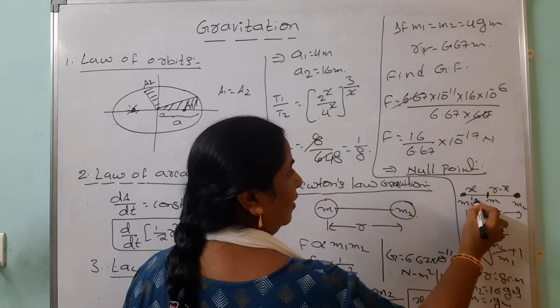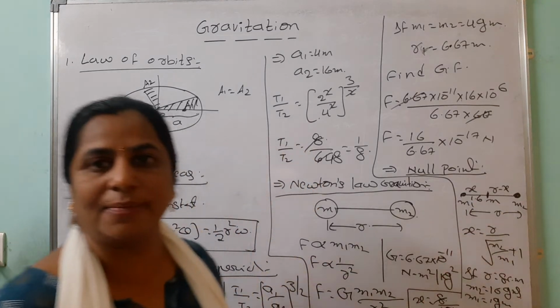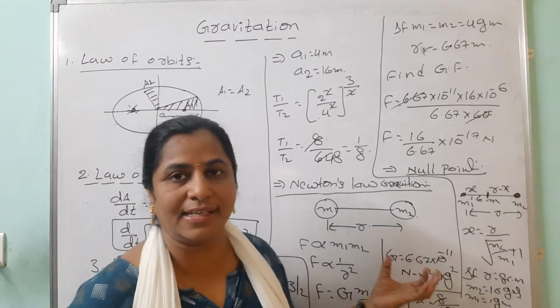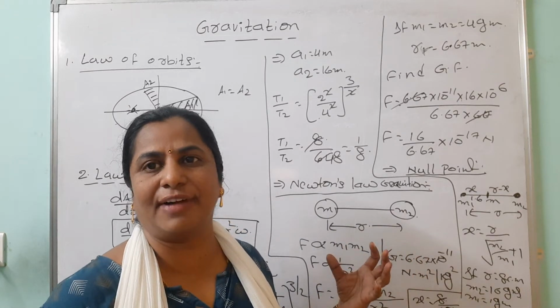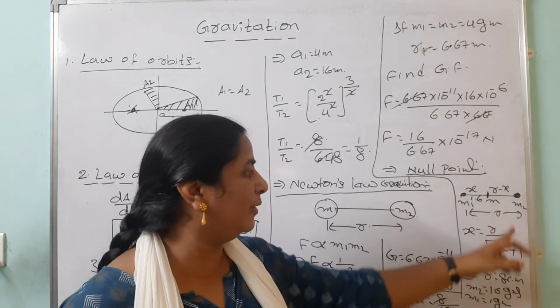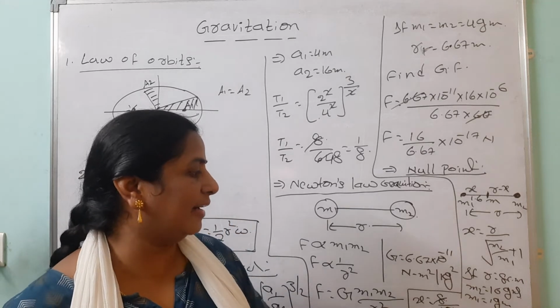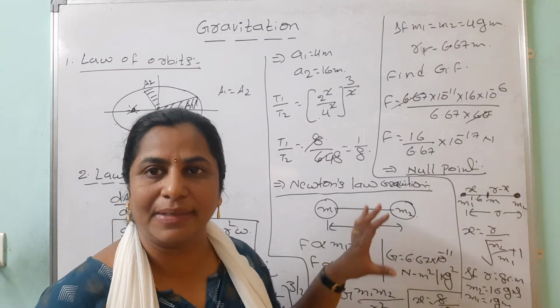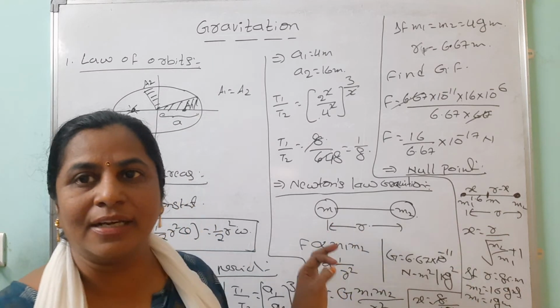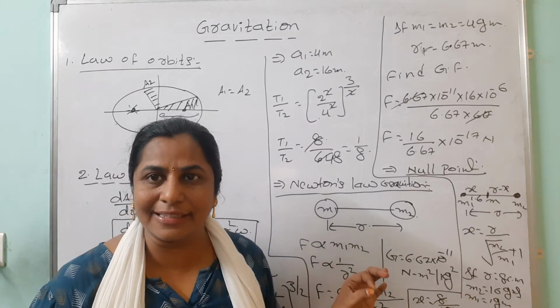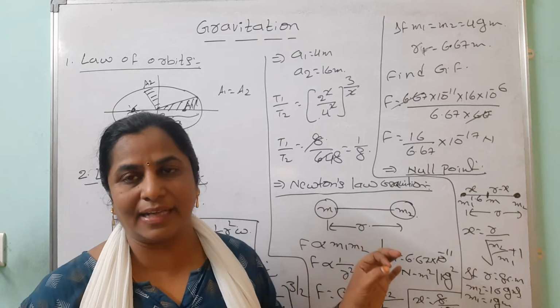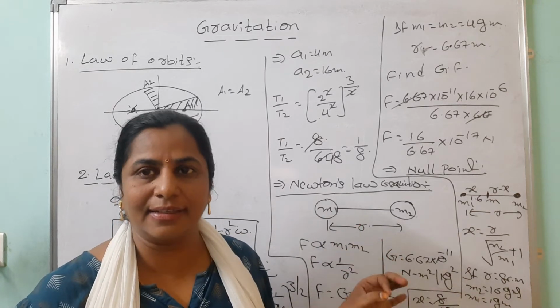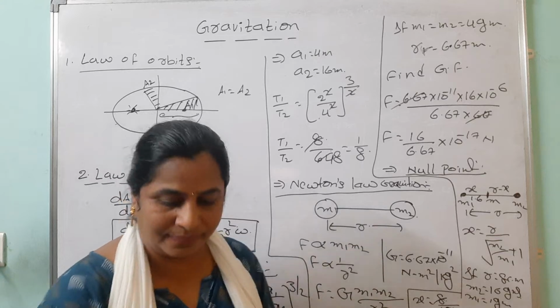So from here at 1.6 centimeters we can observe the null point. Suppose the question is from m2 where we should find the null point, then simply 8 minus 1.6 gives the null point location from the m2 mass. So it depends on the situation, you can solve that. While doing the problems you must read the question properly and what they are asking, then only you can give the answer.